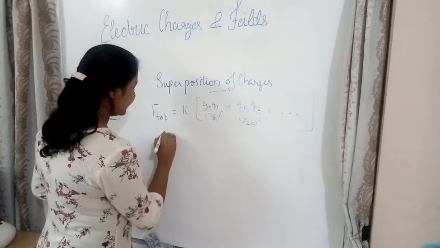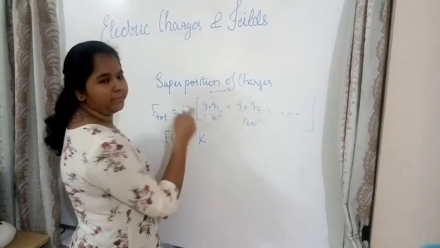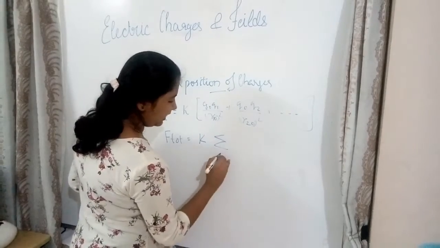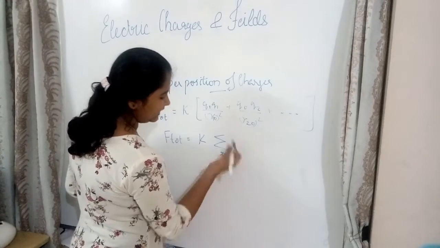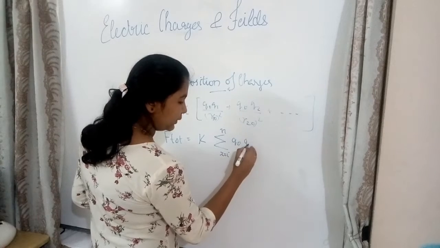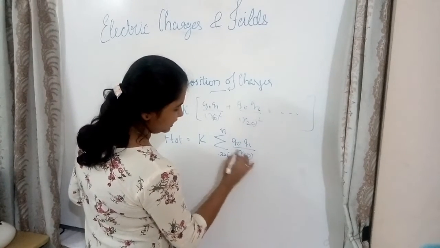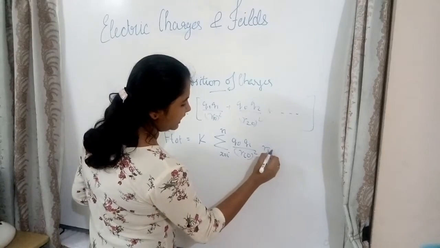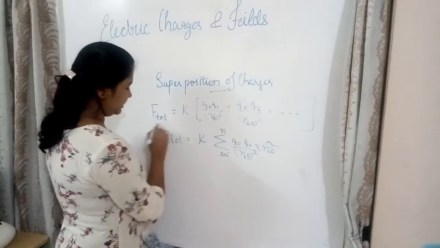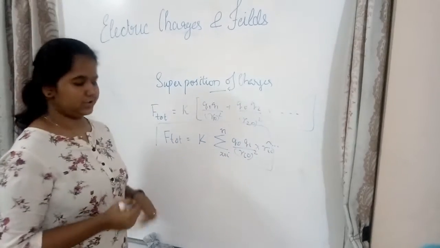Now we write F total is equal to K, which is common, and we put this under sigma, where i goes from 1 to N: Q0 Qi divided by Ri0 square into Ri0 cap. This is the equation for the principle of superposition of charges.